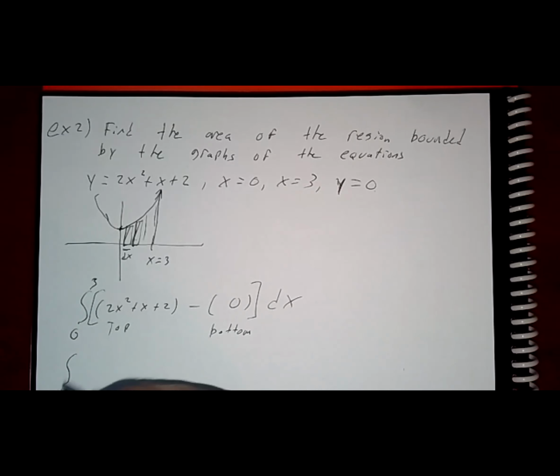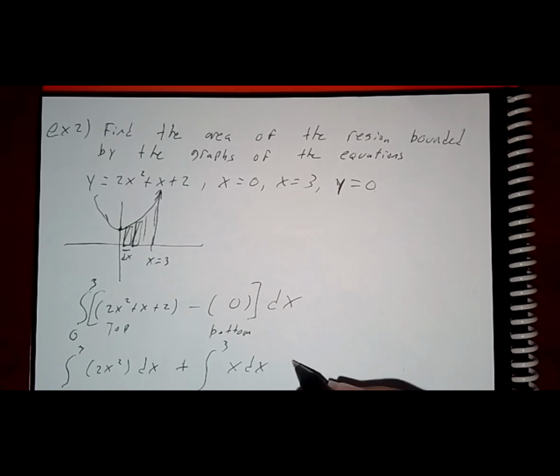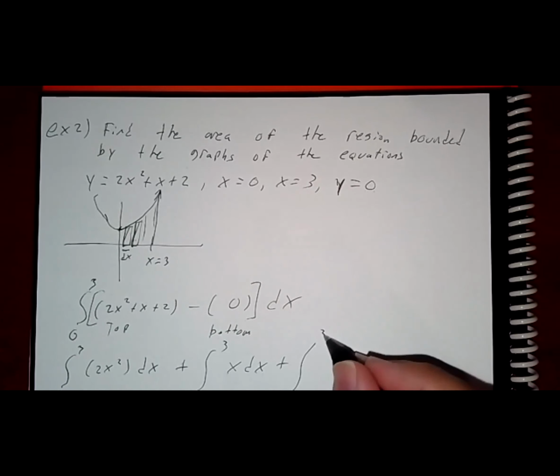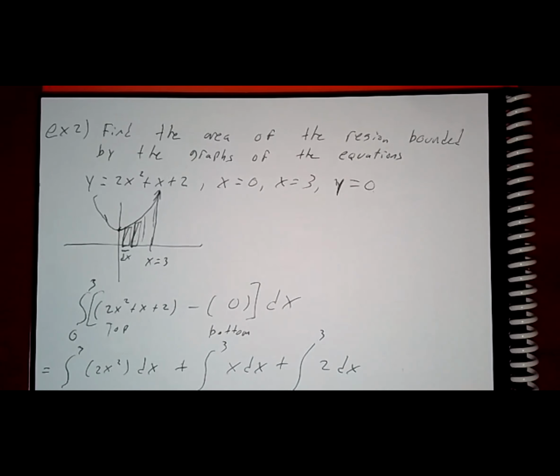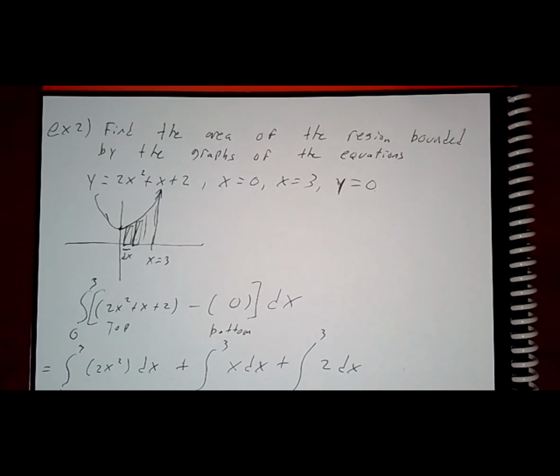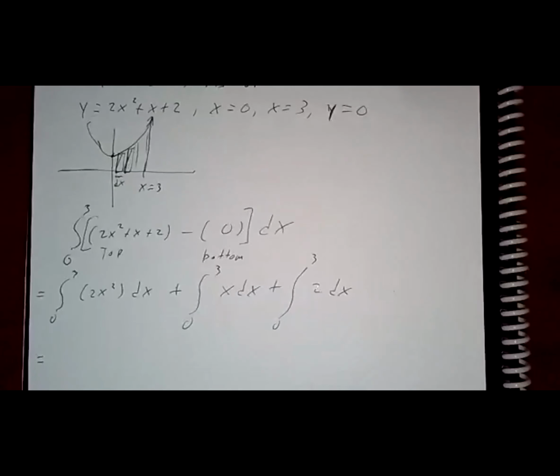So for the integral, you can just separate each piece if you want. The integral from 0 to 3 of 2x squared dx, plus 0 to 3 of x dx, plus 0 to 3 of 2 dx. The 0 doesn't do anything in this case, but I want you to think of it this way.